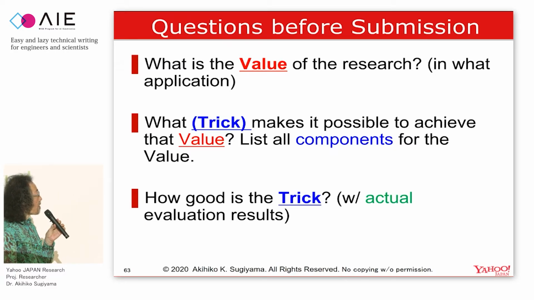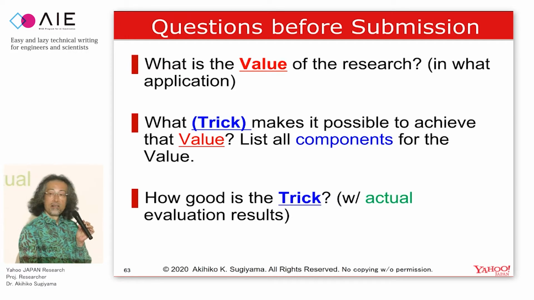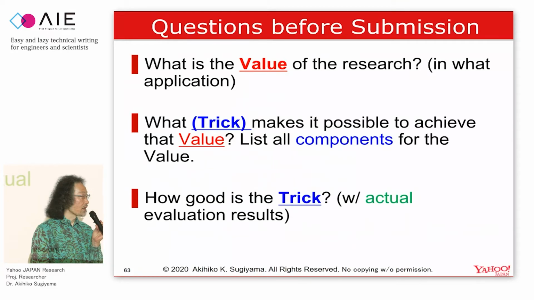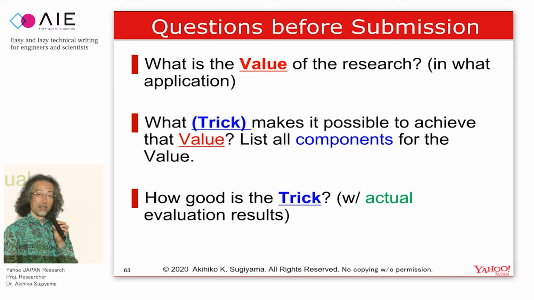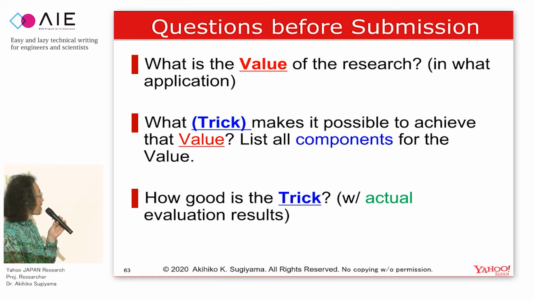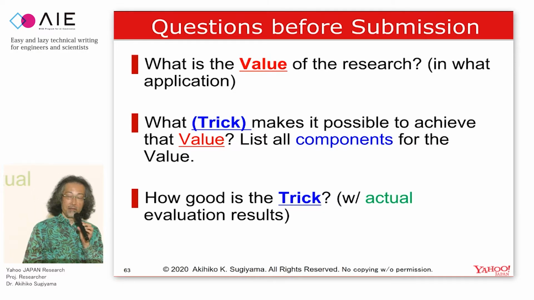What trick makes this value possible? Think about your trick. List all components for the value if there are more than one. How good is the trick with actual evaluation results? Don't forget to put some numerical values so that it becomes clearer.